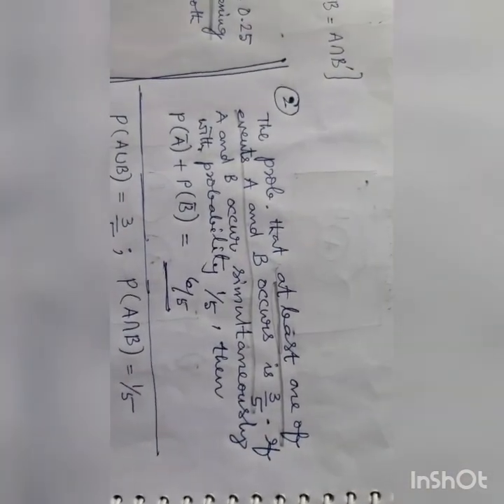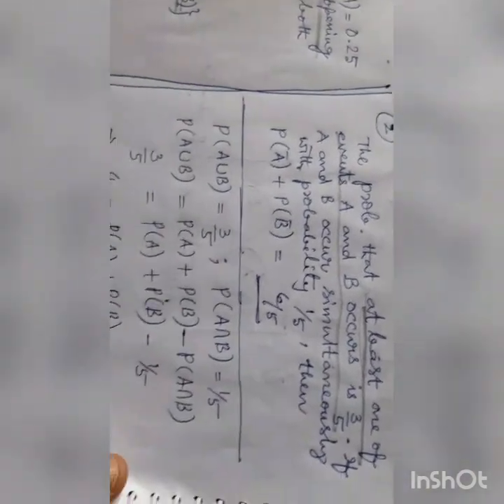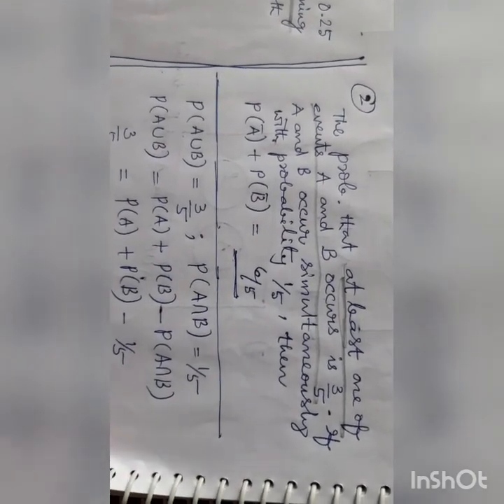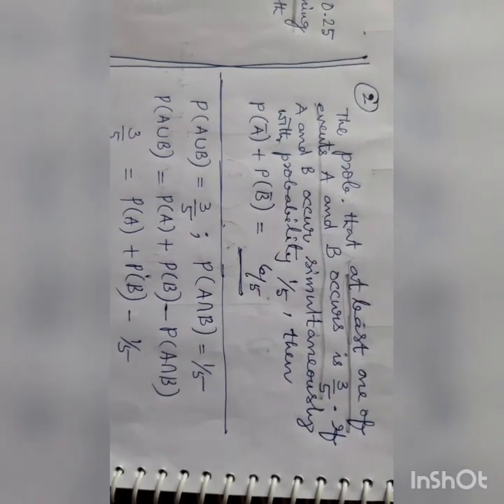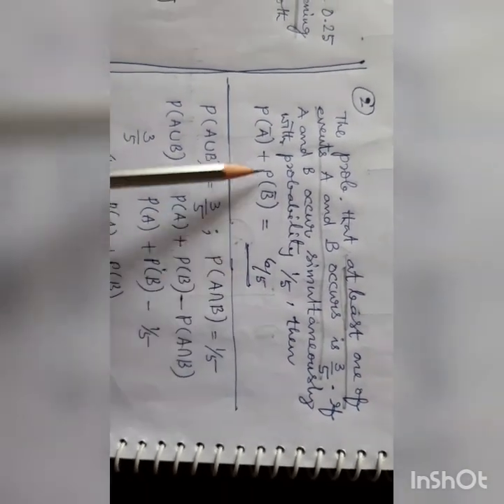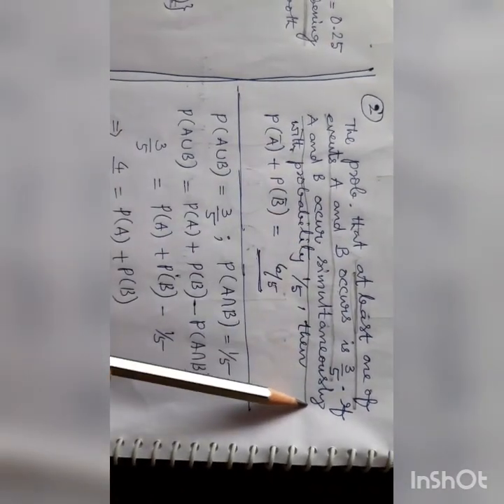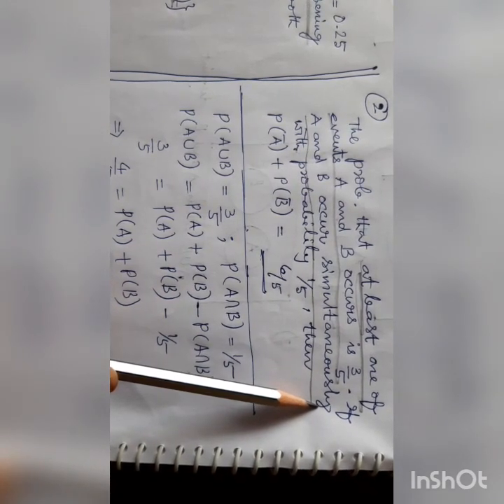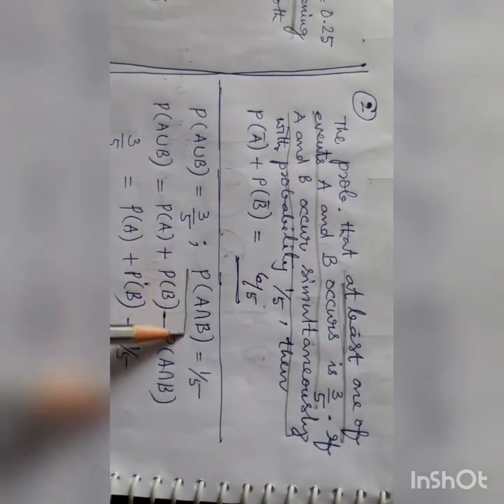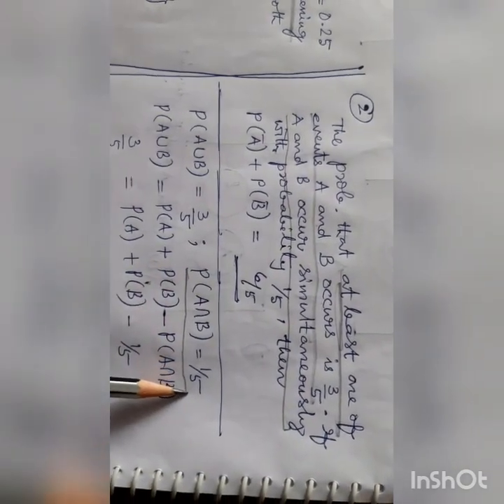If A and B occur simultaneously with probability 1 by 5. Here is another terminology: A and B occur simultaneously means P of A intersection B is 1 by 5.